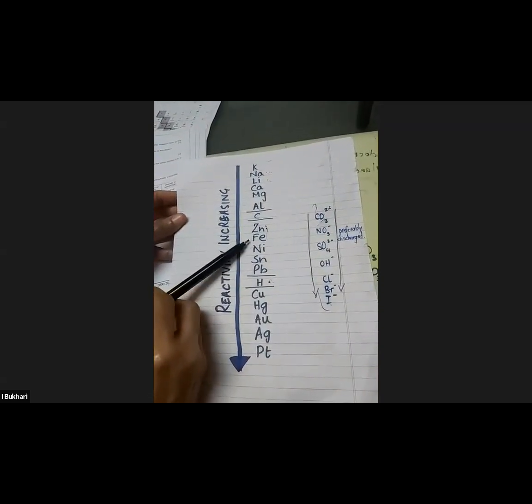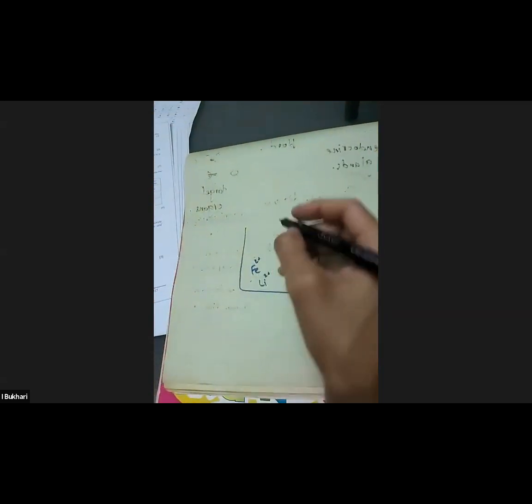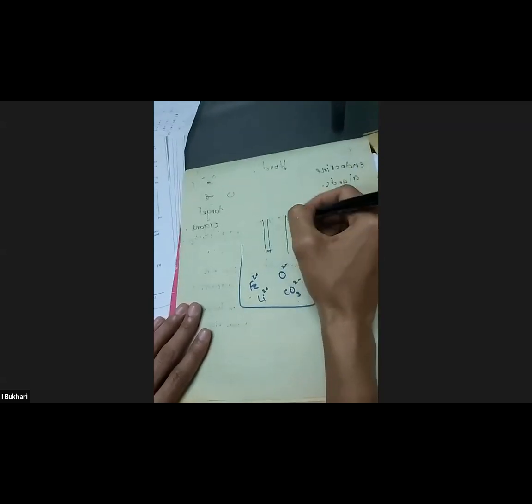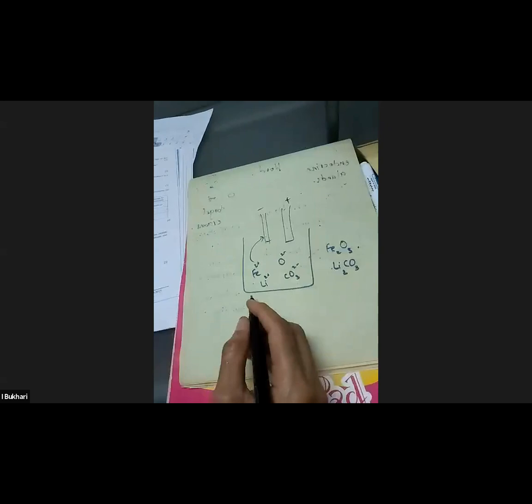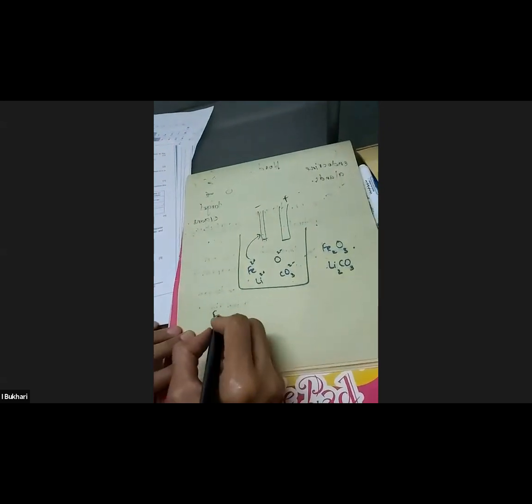Now lithium is way more reactive than iron, right? So it would be iron that will be deposited at the cathode. So yes, you will write the equation for iron getting reduced.